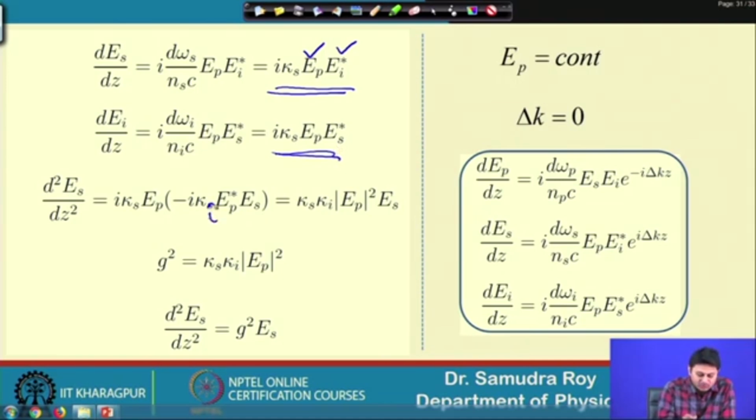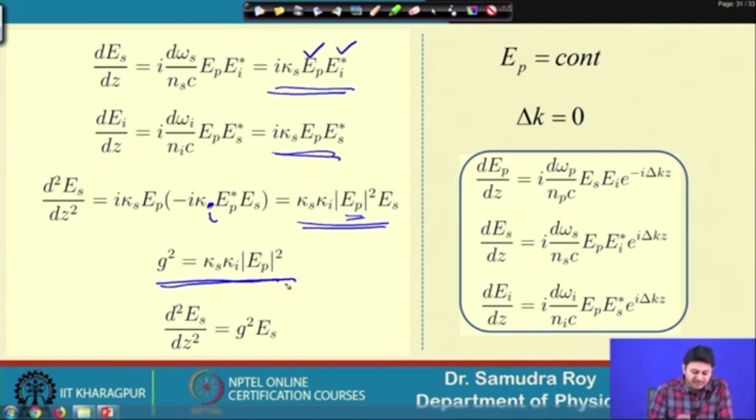This quantity should be Ei, this is a typing mistake, I write Es, kappa s. Now these two terms can be written in this way. So, i times minus i becomes 1, kappa s kappa i will be multiplied, and Ep star, so I will write mod of Ep square and Es. Now, I consider one quantity G, where G square is equal to kappa s kappa i and mod of Ep whole square. So, this is my G.